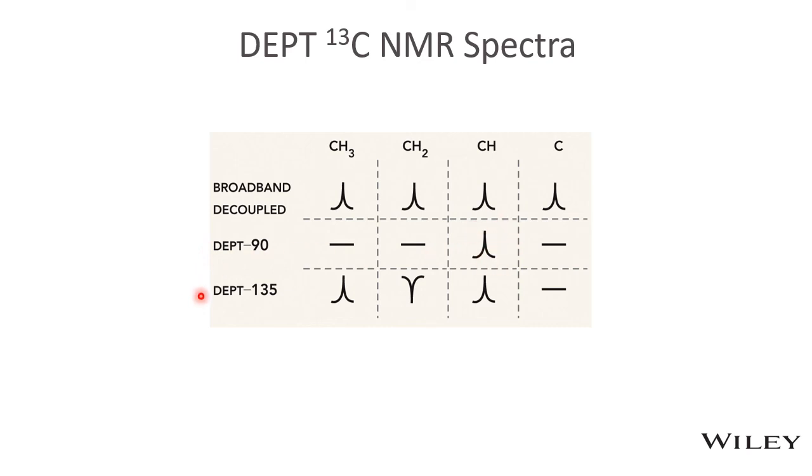And for the DEPT 135, we get the up signals for the CH3s and the CHs, and down signals for the CH2s. The DEPT 135 does not show any signal for a carbon that is not bound to a hydrogen. So again, all of these can be used with one another, and sometimes they are provided along with the proton NMR. For the purposes of this class, you can use this information if you would like to, however, it's not going to be a requirement.